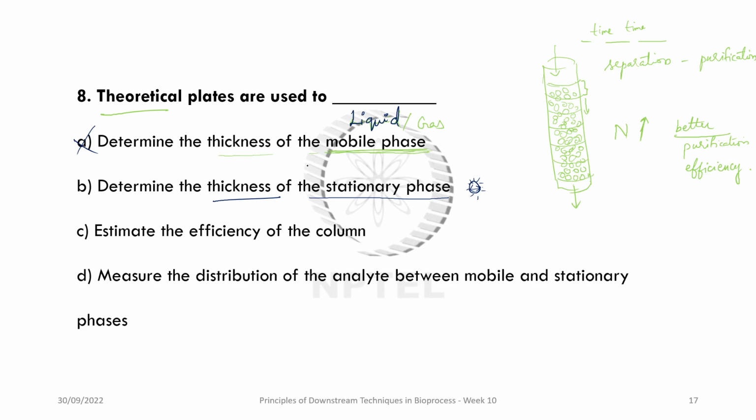But theoretical plates are not used to determine the thickness of stationary phase. It's the number of stages in a chromatographic column which is going to give effective separation. Right? So, estimate the efficiency of the column, or measure the distribution of the analyte between mobile and stationary phase? Not so much. Maybe your KD will do that, correct? But not theoretical plates.